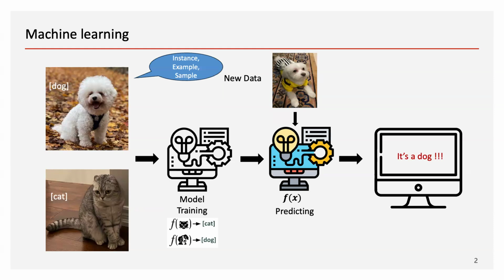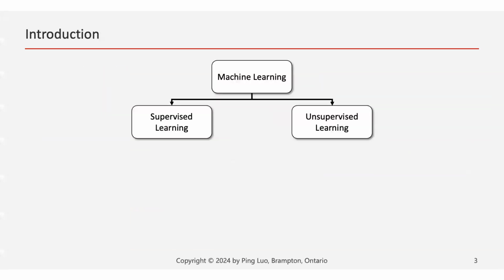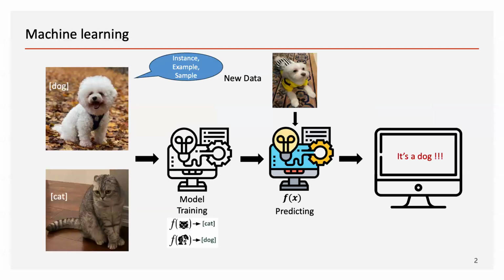In this example, we usually call each image an instance or a sample. Based on how the data is given to the model, there is supervised learning and unsupervised learning. Supervised learning means all the data is labeled. For example, for an image, I tell the model this is a dog. I could also say this is an animal.